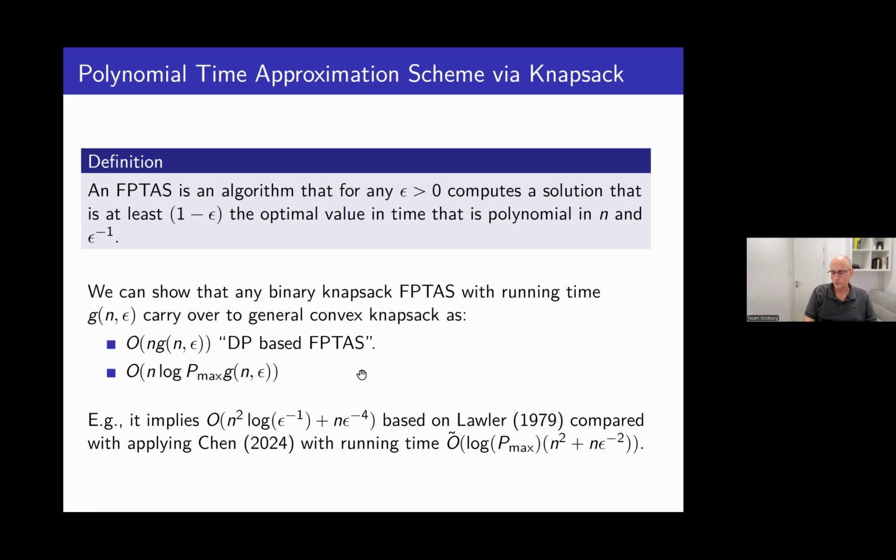And there are convolution-based methods that don't necessarily use any kind of DPs. So if we took the DP approach, let's say of Lawler et al., we would get this O of n squared log 1 over epsilon plus n times epsilon to the minus 4.